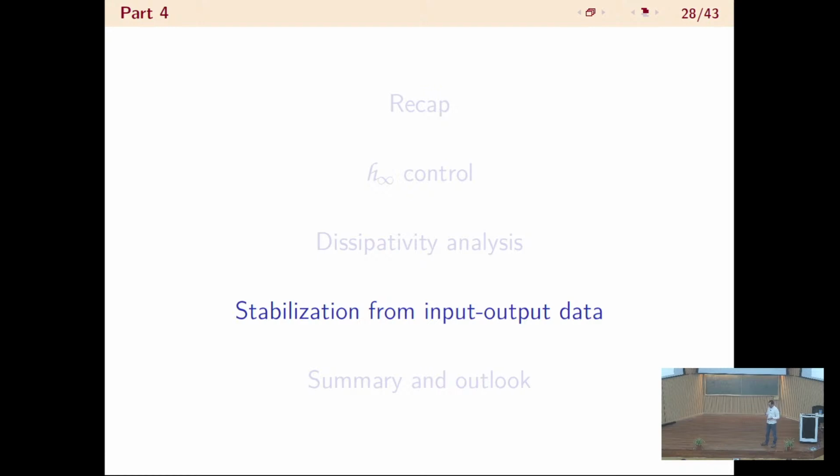So the entire point of behavioral theory is to define a dynamical system. A dynamical system is basically a collection of certain trajectories. And this is a very, very universal thing. It's not about systems and control. Think about Kepler's laws.